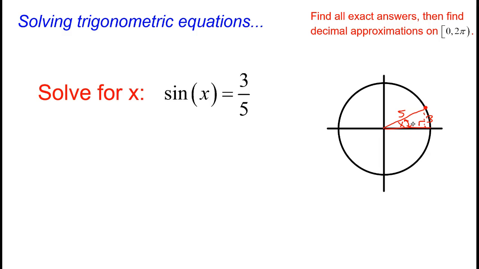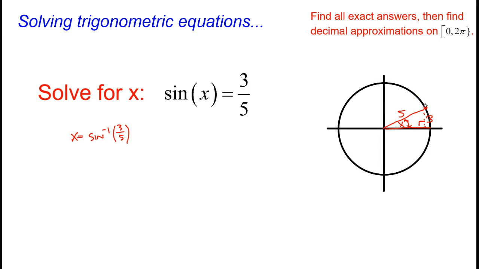We're going to find the solution to this problem by saying x equals the inverse sine, or the arc sine, of 3/5. But wait, there's more. That answer is not complete. What happens if x goes all the way around the circle and lands back here, either in the positive direction, counterclockwise, or the negative direction, clockwise?